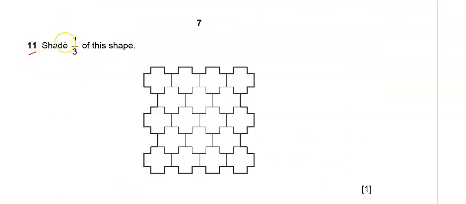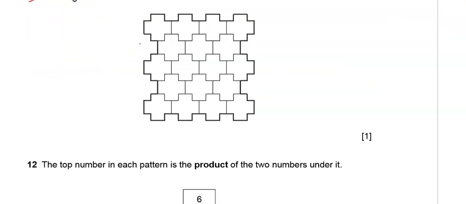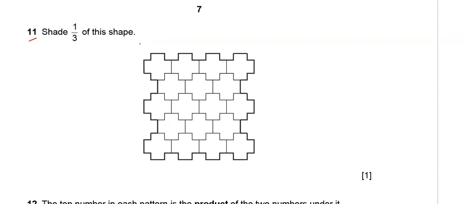Question 11. Shade a third of this shape. Of course, we need to know how many divisions are in this. So we count 1, 2, 3, 4, 5, 6, 7, 8, 9, 10, 11, 12, 13, 14, 15, 16, 17, 18.